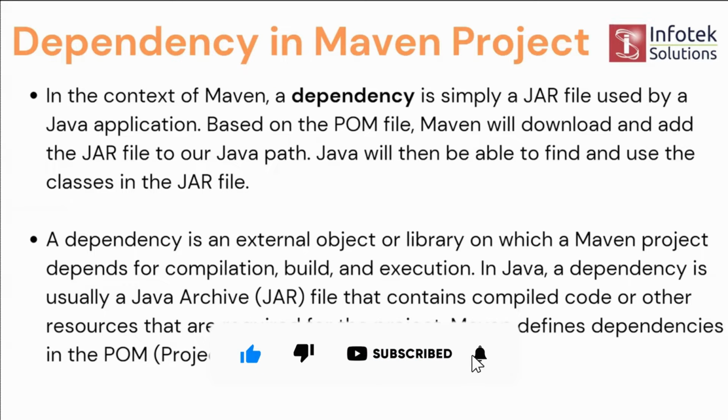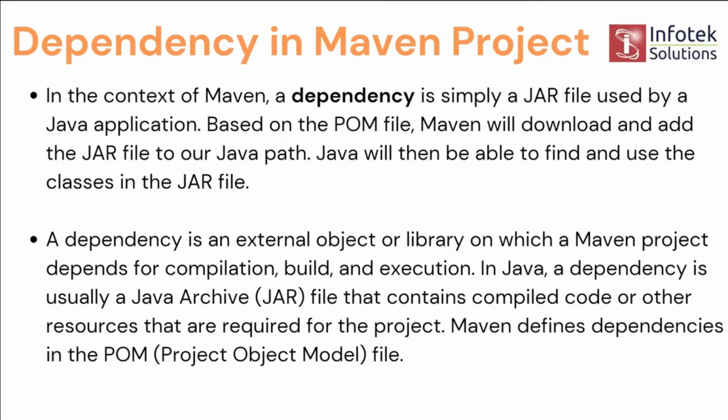Based on the POM file, Maven will download and add the jar files to our Java path. Java will then be able to find and use the classes in the jar file. So you will get certain dependencies based on the tools that you are using. Those dependencies will be converted to jar files and added to our project.